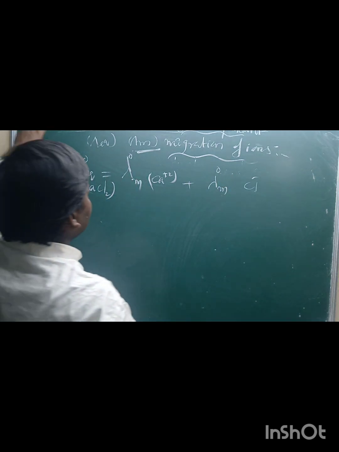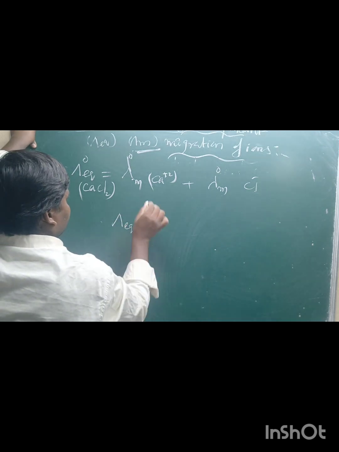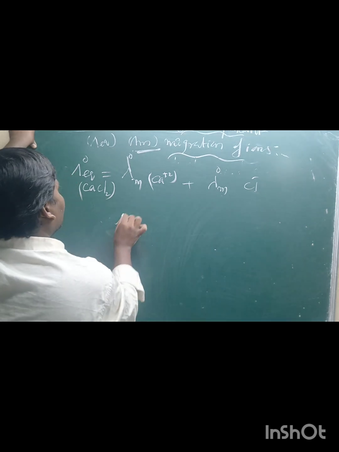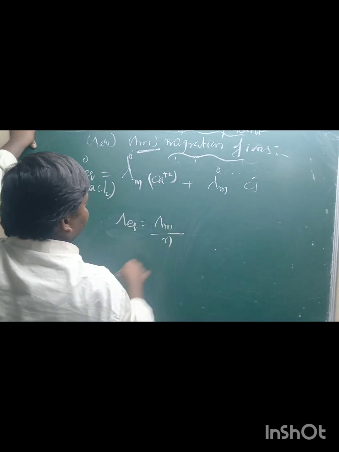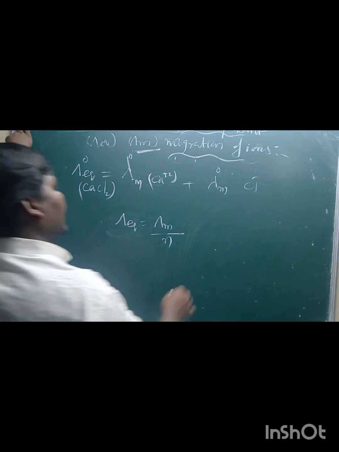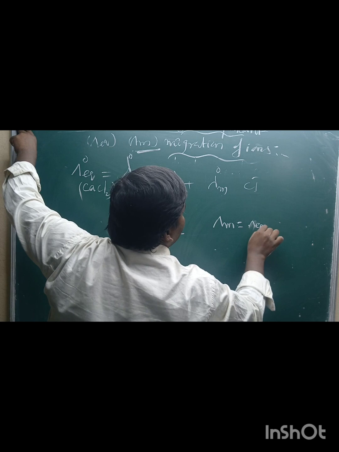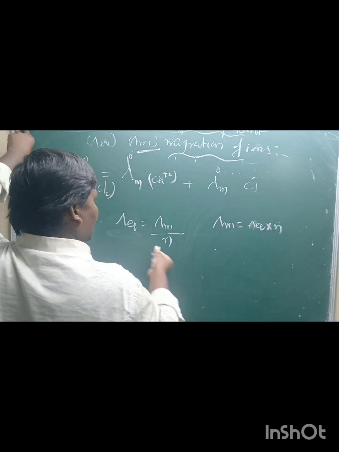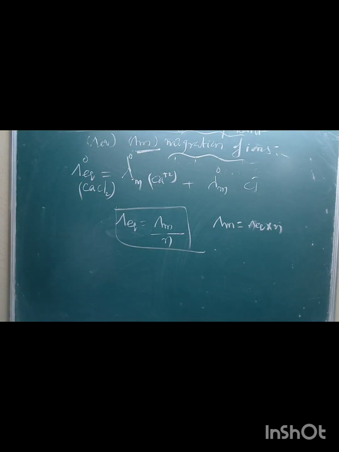Actually, the relation here: equivalent conductance lambda EQ is equal to lambda m by n factor, where n is the n factor, the charge of the cation or anion.